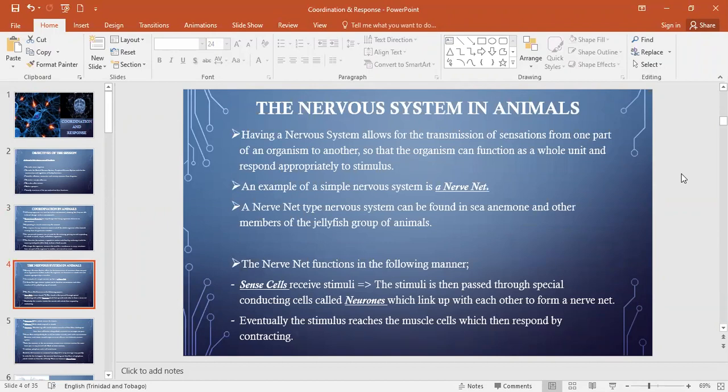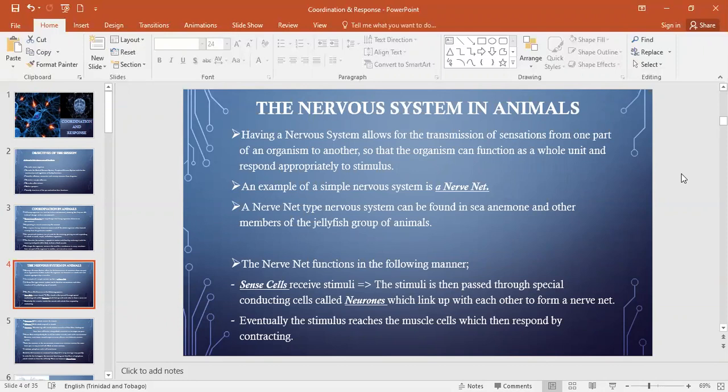So when an organism has a nervous system, it allows for the transmission of sensations from one part to the other in order for the entire organism to function as one. It's not that your hand will be doing something different from your foot, or that your hand will just rapidly slap your face, unless you're malfunctioning somehow.